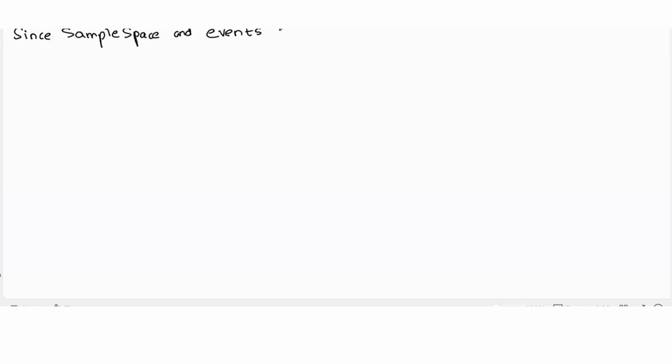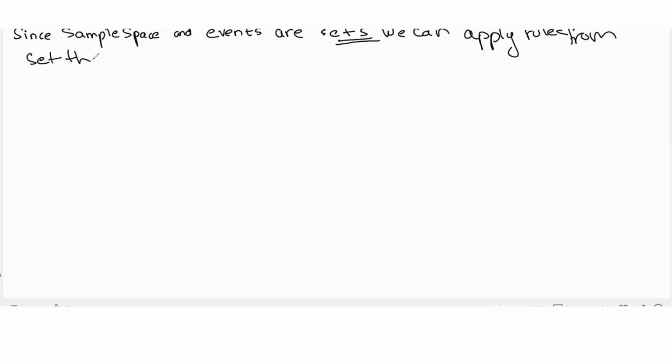Where we're talking about set union, set intersection, and so on.